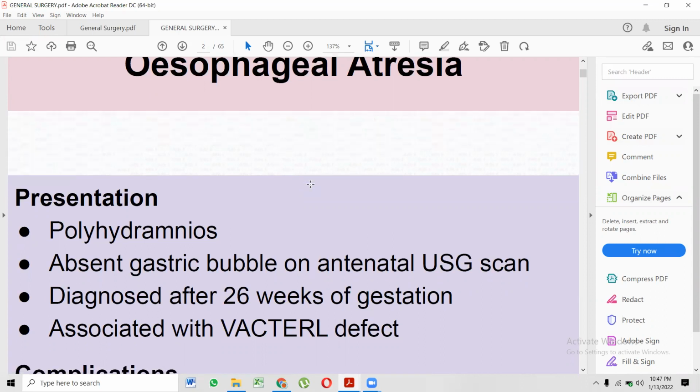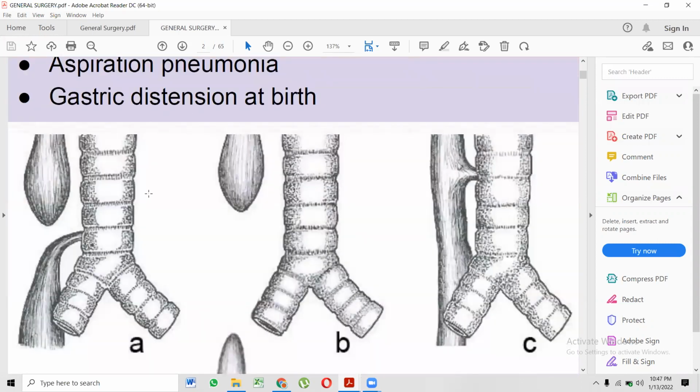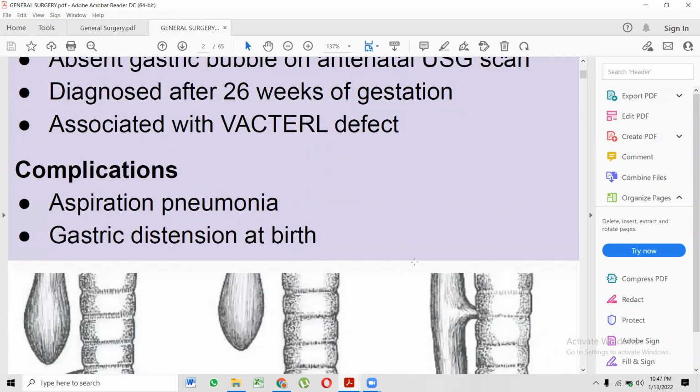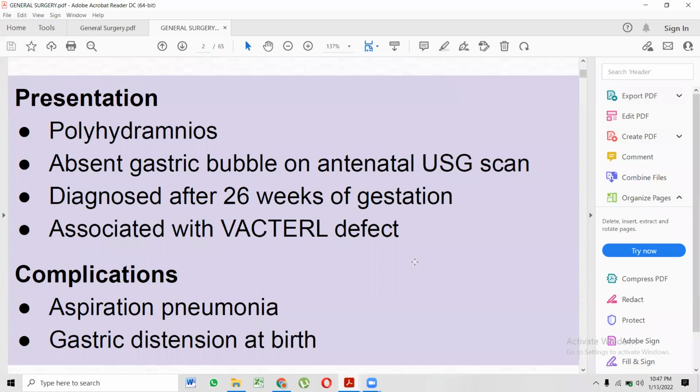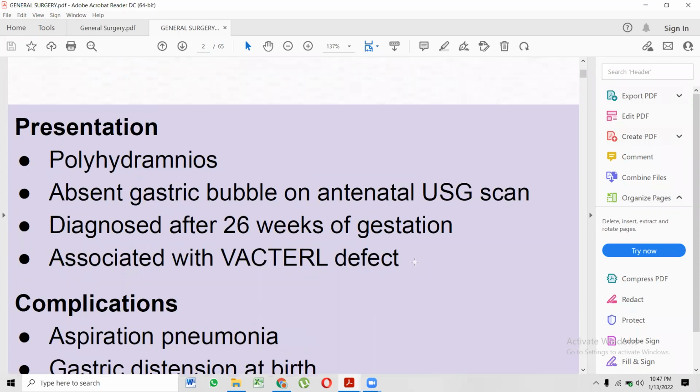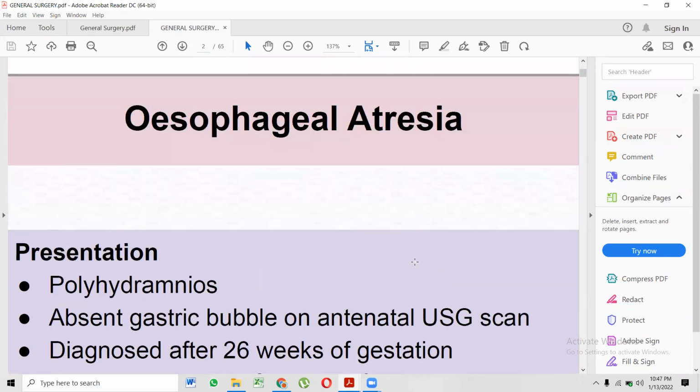What is esophageal atresia? Esophageal atresia means the esophagus is ending blindly. Like in this case and in this case, you can see there is a blind end of the esophagus. So there will be no swallowing of amniotic fluid, and the mother will develop polyhydramnios. On antenatal ultrasound scan, the gastric bubble will be absent. So polyhydramnios with absent gastric bubble, then the diagnosis is most likely esophageal atresia.